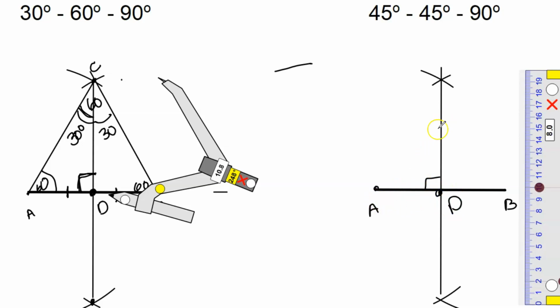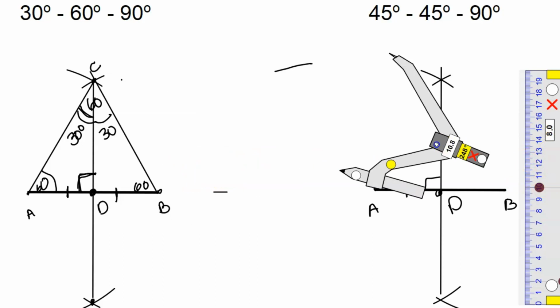So if I want this to be a 45, 45, then what I want is for the length AD horizontally to match the length DC vertically. So I'm not going to use my ruler to measure that. I'm going to use my compass, which is a better tool for accuracy.